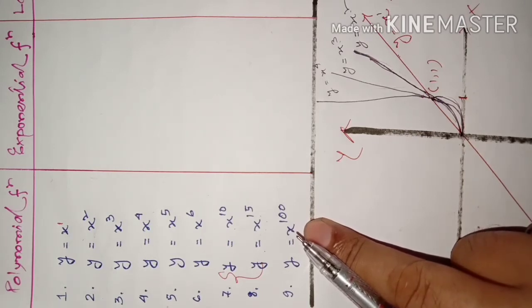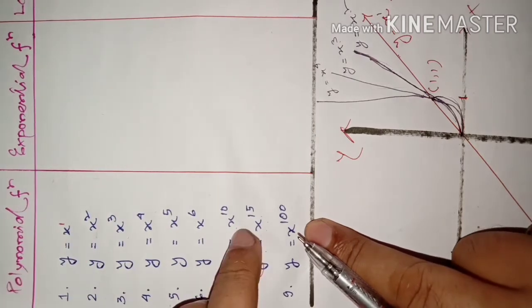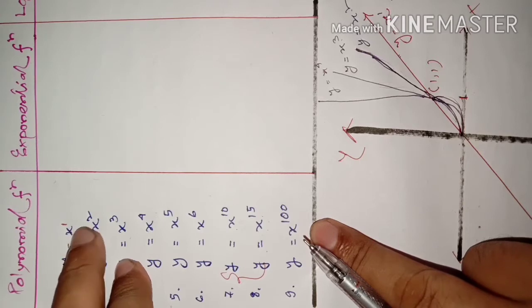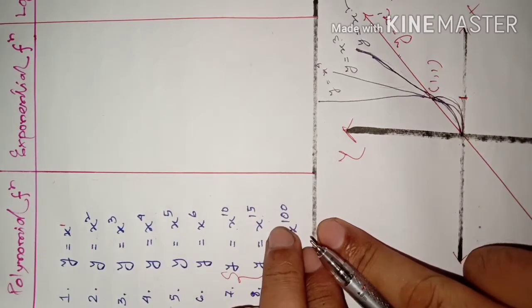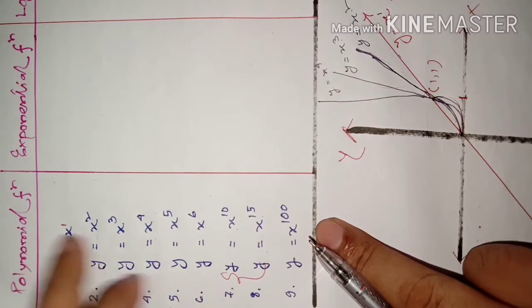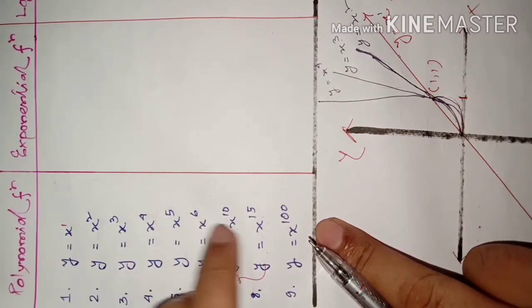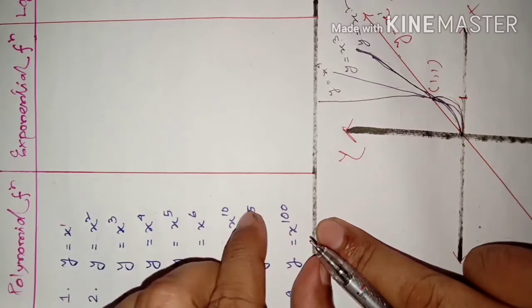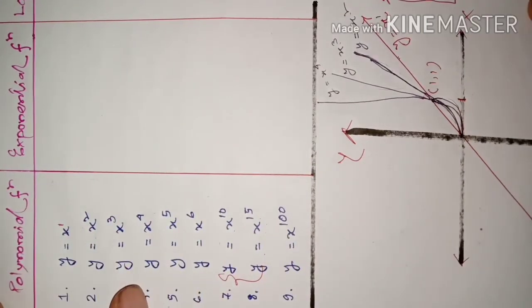N is a real number. But saying real number is not specific. Actually we have to say these are whole numbers. So these degrees are whole numbers. Higher the degree here, the greater the growth here.